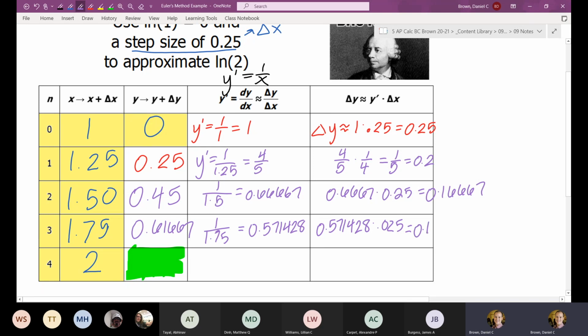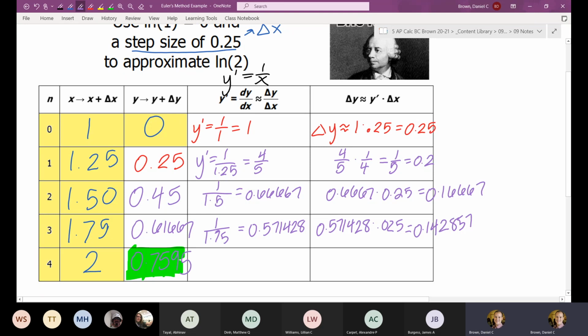That's going to give us my delta y, and I'm going to add that to the y value I had. And I get, rounding to 4 places for that awkward one, 9.7595.